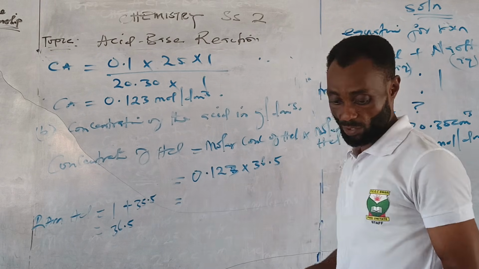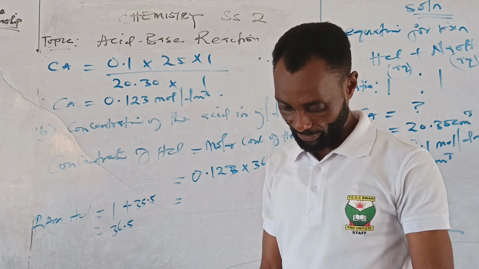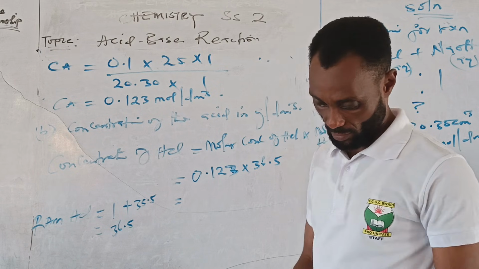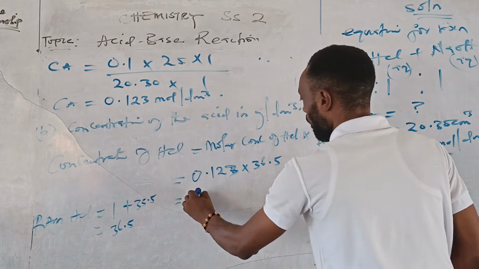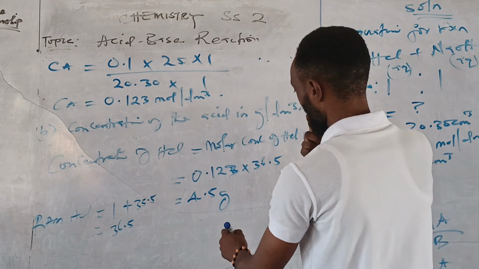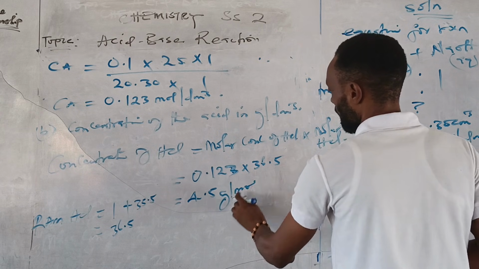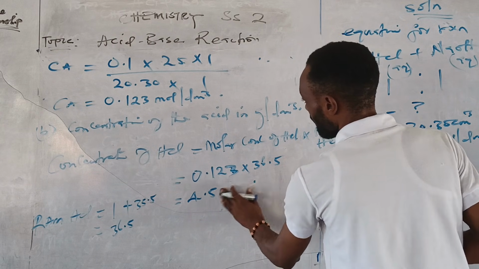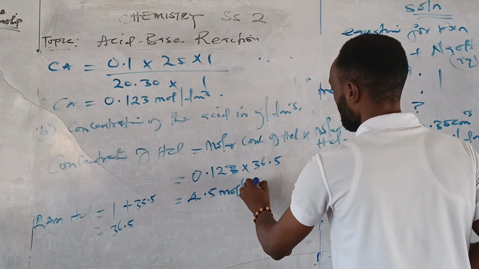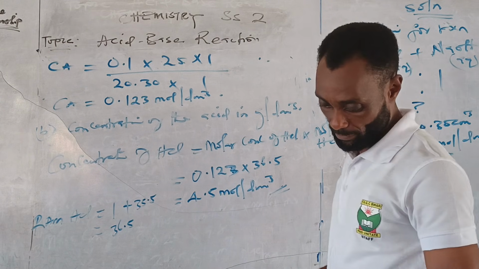That will give us, using your calculator, approximately 4.5 gram per dm cube.